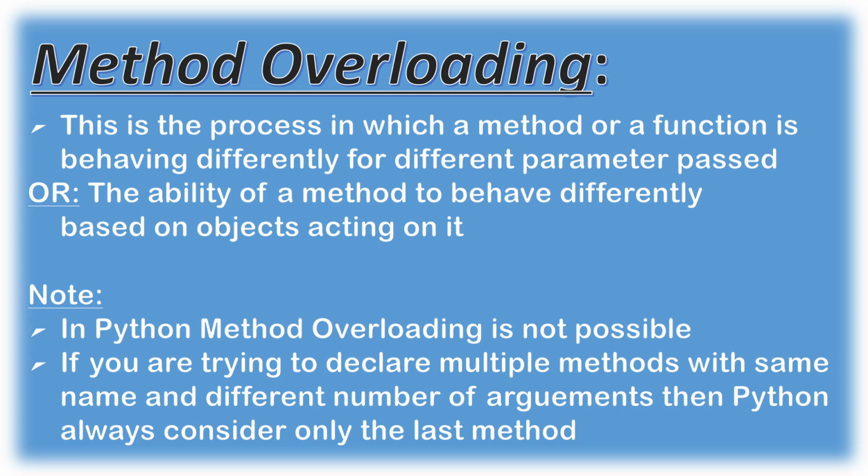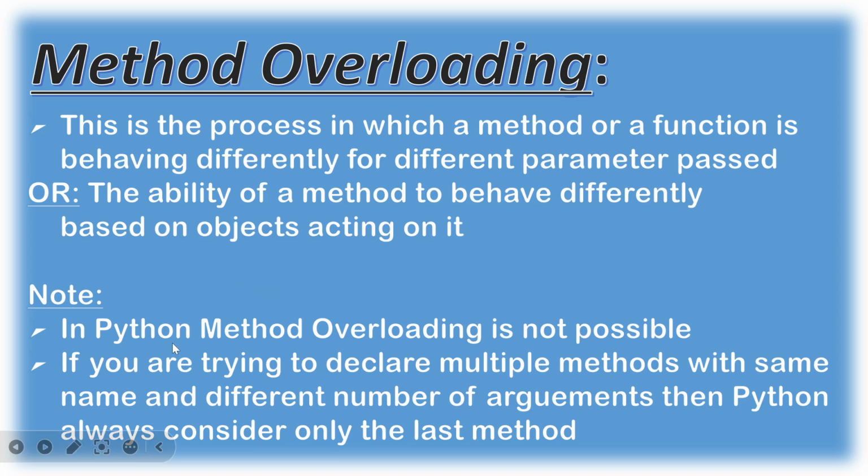So in our program, if we have mentioned different methods and functions, and the functions or methods are behaving differently as per the different parameters passed. Or else you can say the ability of a method to behave differently based on the objects acting on it.